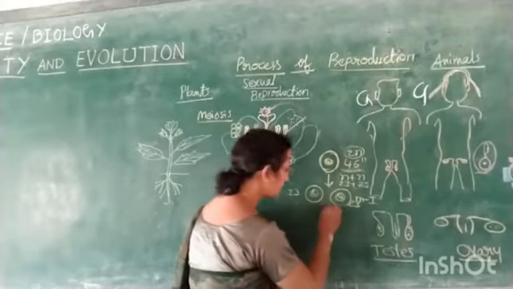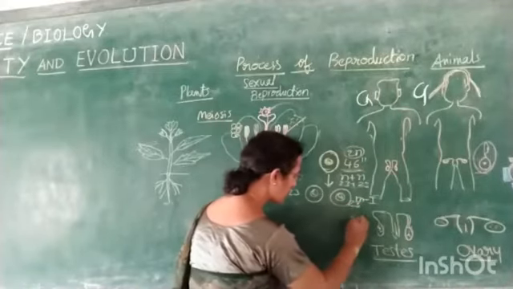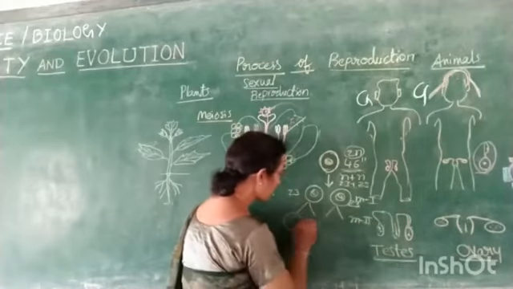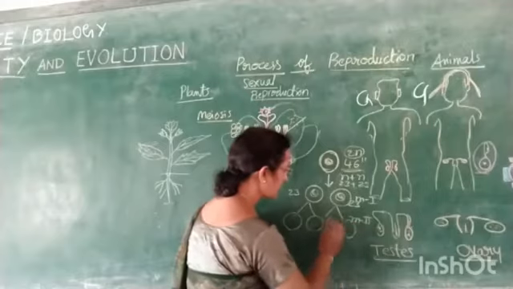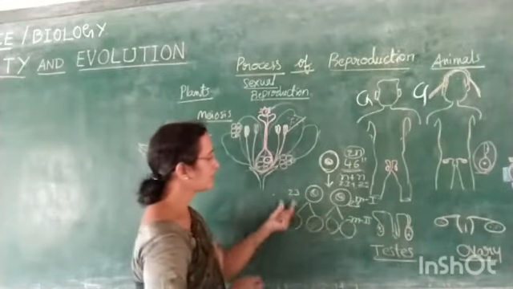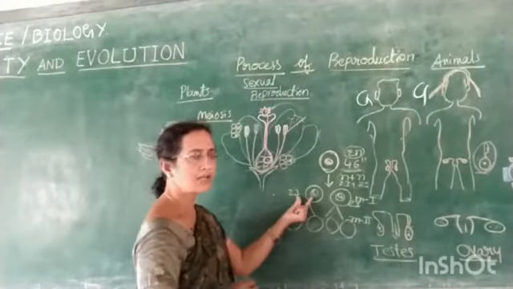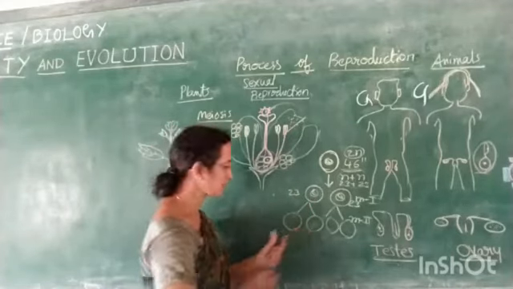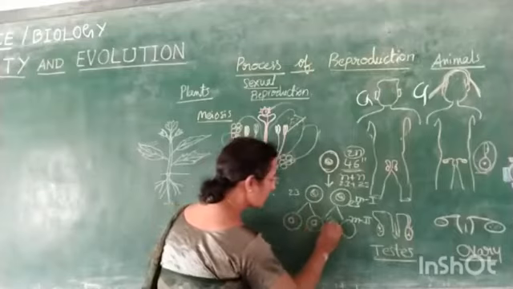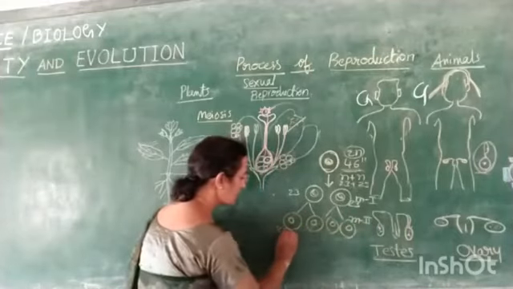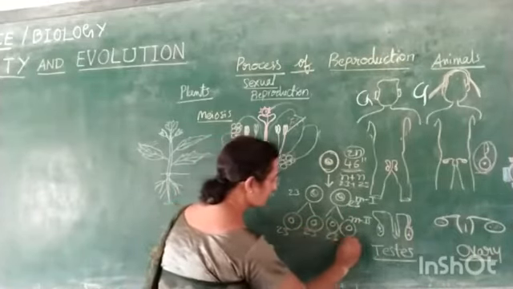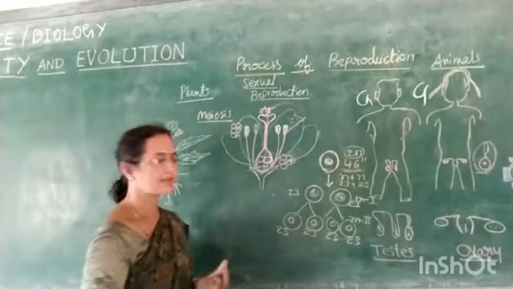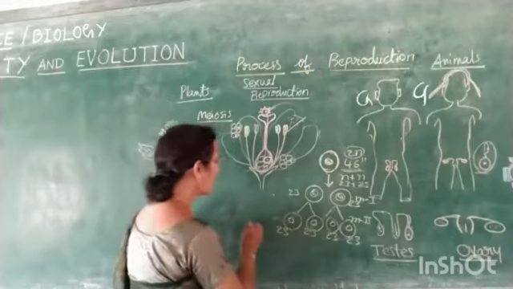In the next stage, the meiotic second step, these two cells again form four cells. This is similar to the earlier meiosis, where the 23 chromosomes get transferred to the daughter cells. Four daughter cells are formed, each having 23 chromosomes. What do we call these daughter cells? These are nothing but the gametes.